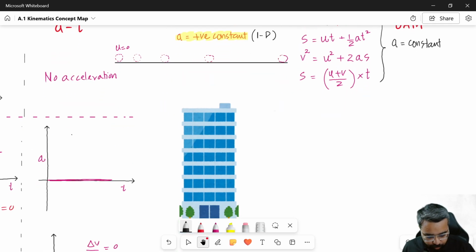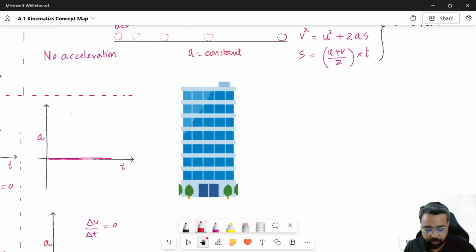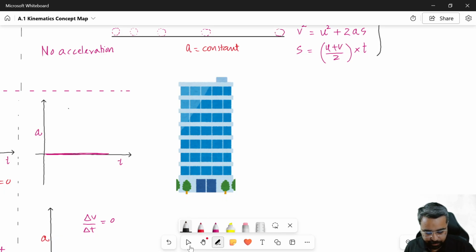Now I'm going to show you another one-dimensional motion in which acceleration is also a constant value, but that value can be negative. This is the free fall motion, which is also constant acceleration motion in 1D. Let's say you release an object, like a ball, from the top of a building. You just drop the ball, what will happen?